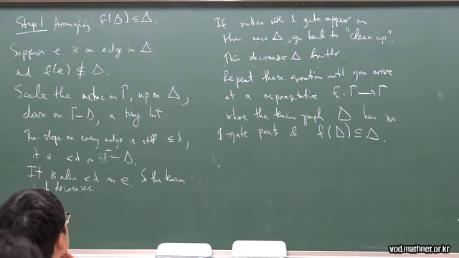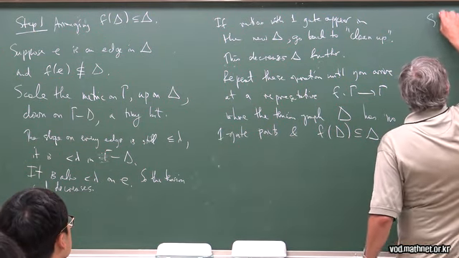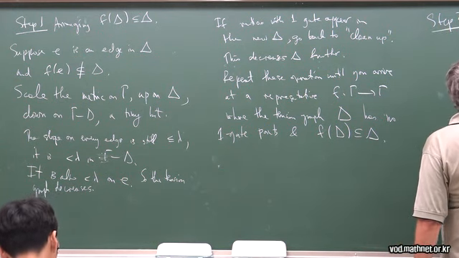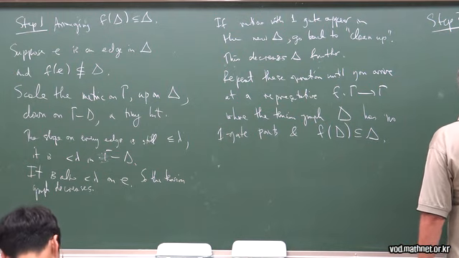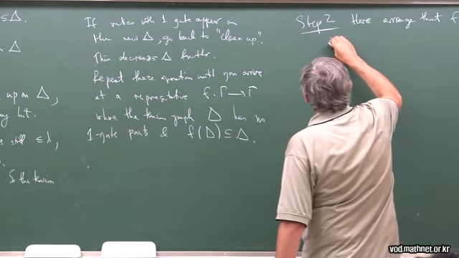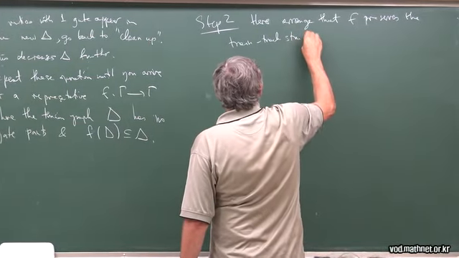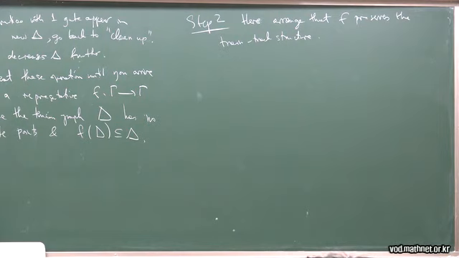Okay, now step 2 is to arrange that f preserves the train track structure. You see, in this zero step, the cleanup operation, we did not change gamma at all.